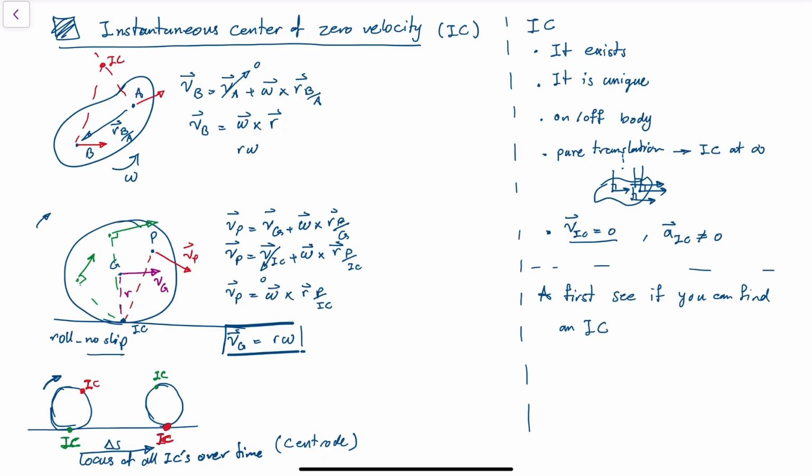And how to find an IC is what we will do in the next video. Right now, we only know it exists and we should be able to find it. How to find it comes next. So I'll see you in the next video.